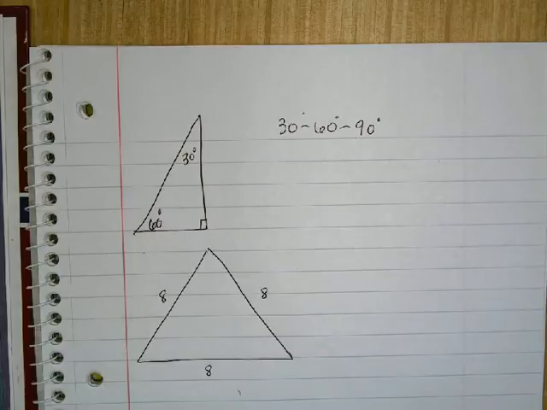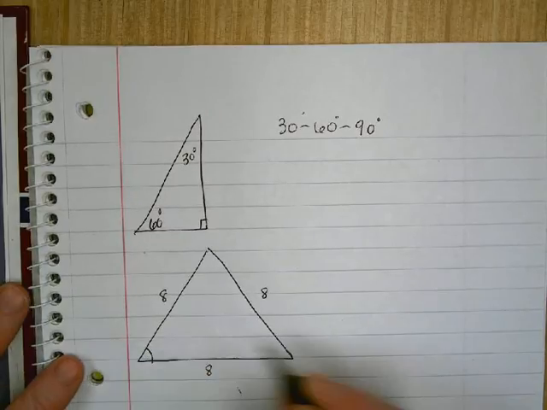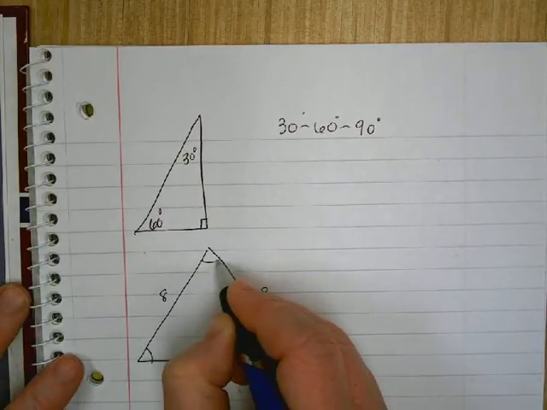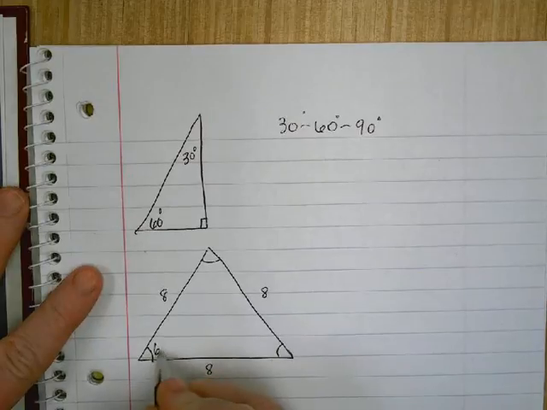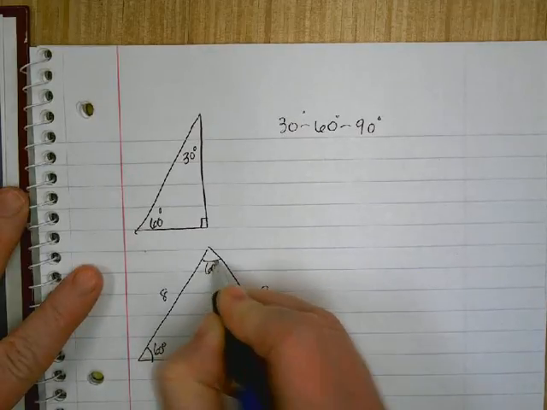What do you know about the angles of an equilateral triangle? They're all the same. How big would that make them? 60. Okay.